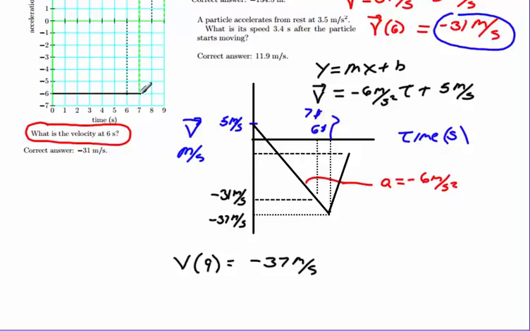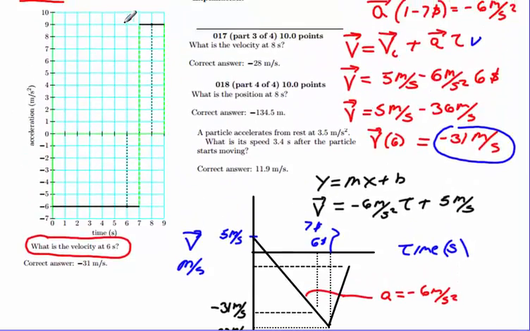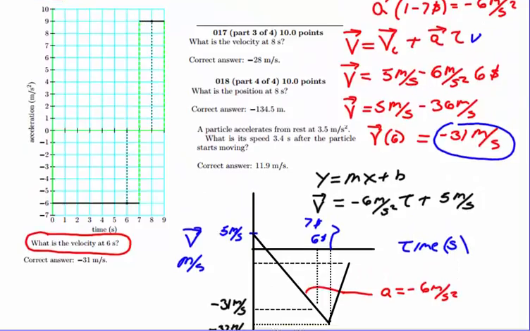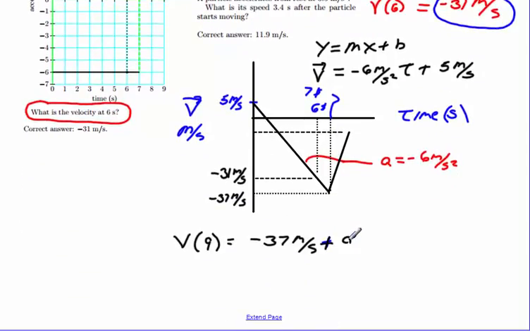Because we went all the way down to the 7 here. I need to go over 9, so I need to go over 2 more seconds. So can I not say plus the slope, and again the slope is your value of acceleration, that's going to be 9 meters per second squared, times the time interval between that, which would be 2 seconds.